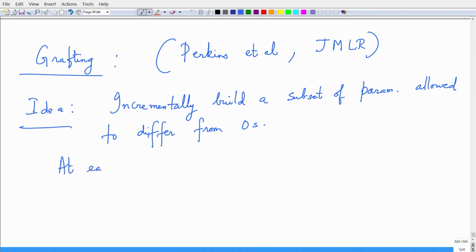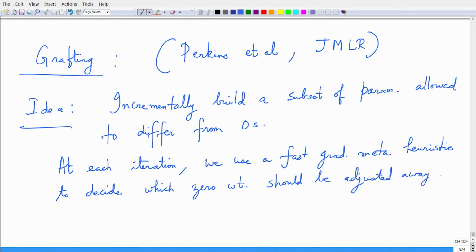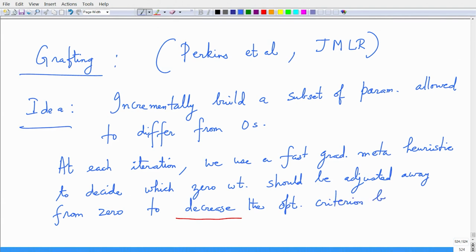So at each iteration we use a fast gradient meta heuristic to decide which zero weight should be adjusted away from 0 to decrease, this is very important, to decrease the optimization criterion by maximum amount.